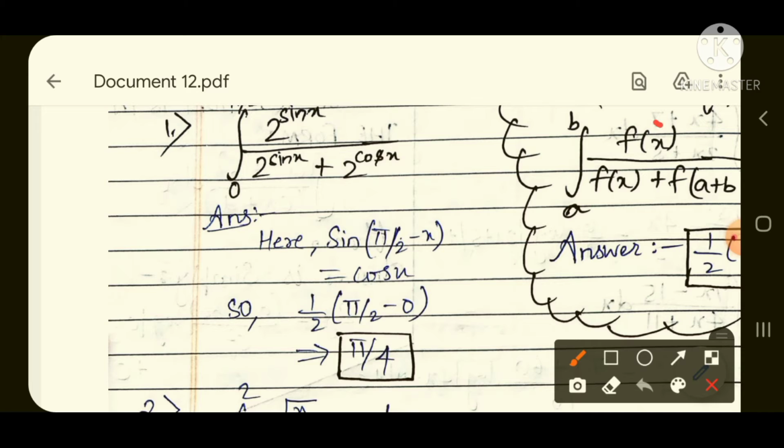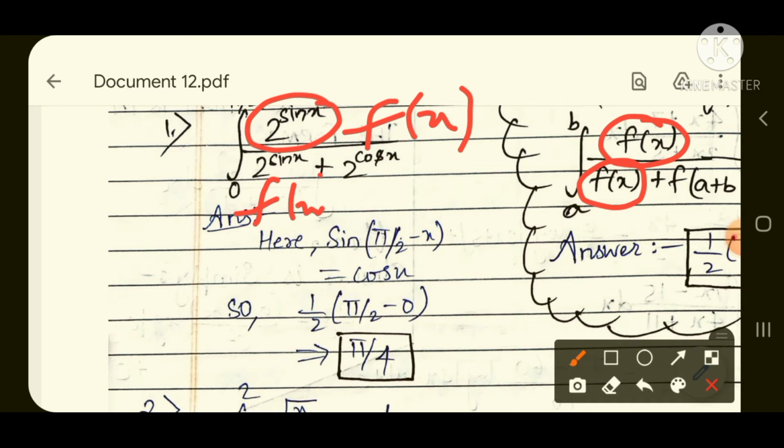Let us take this as f of x, and again we have f of x here, and here we have f of a plus b minus x. 0 plus pi by 2 will be pi by 2, and sin of pi by 2 minus x will become cos x. So here we have got f of a plus b minus x.